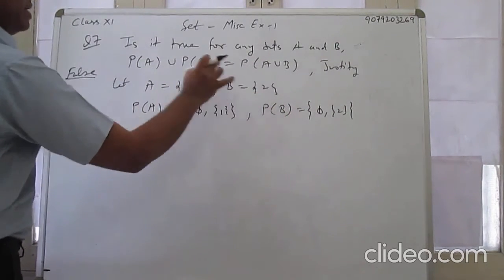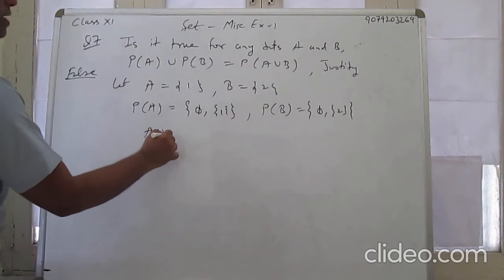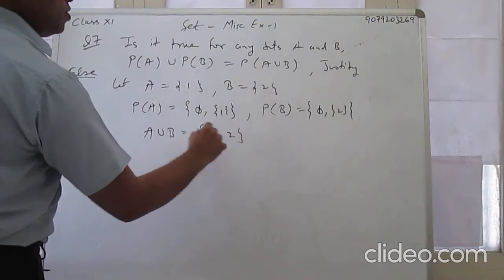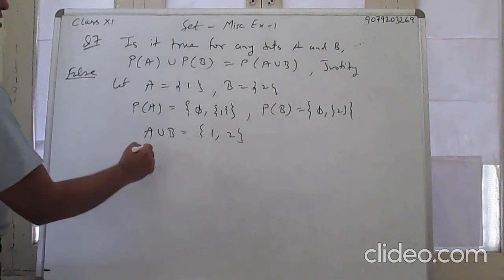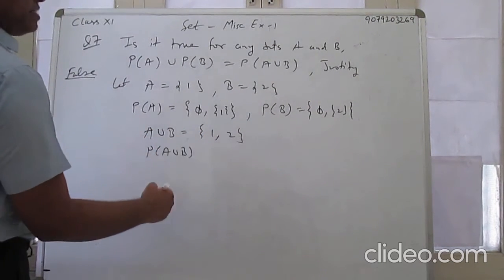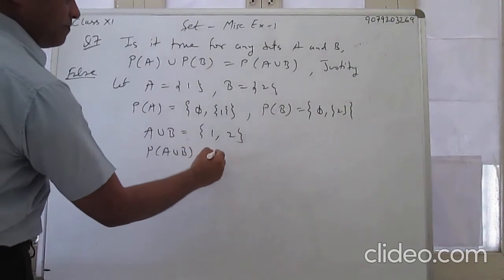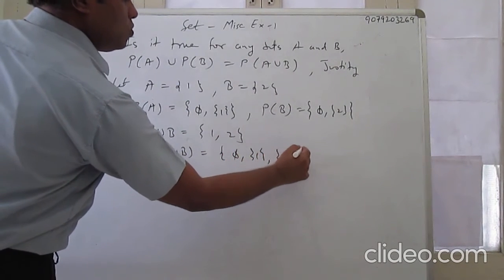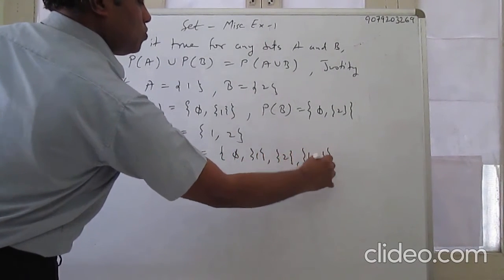A is this, B is this. So A union B is equal to what? {1, 2}. So what is the power set of A union B? How many elements are there? 2. So how many elements in the power set? 4: ∅, {1}, {2} and {1, 2}.